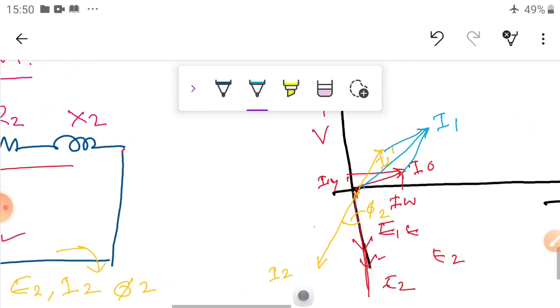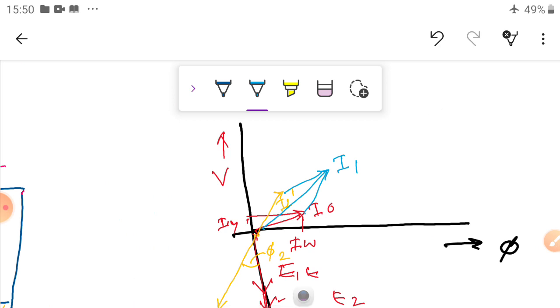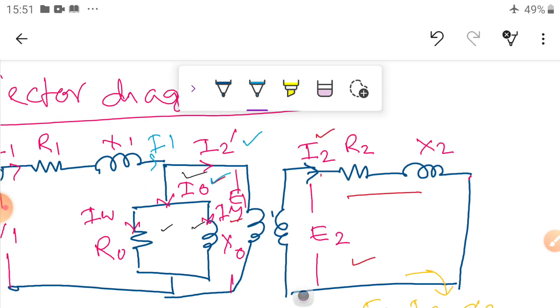The same is represented here also. So the current I1 lags the voltage by some angle. Now based on this, what has happened here? This is the E1 voltage. So what is V here?